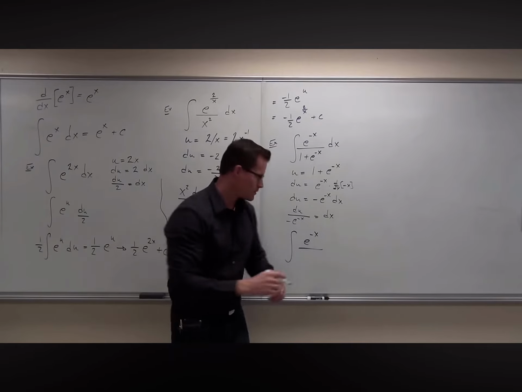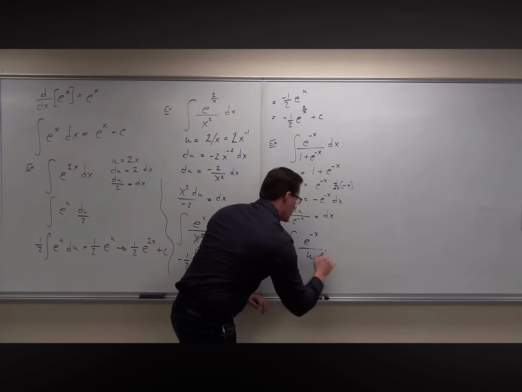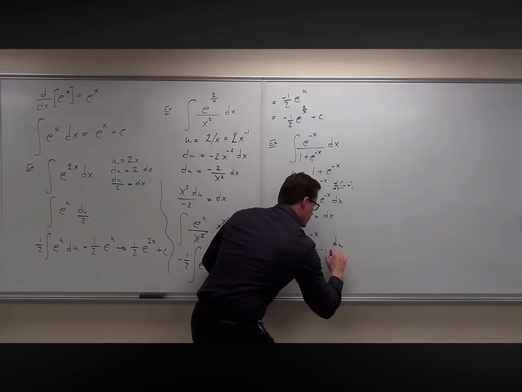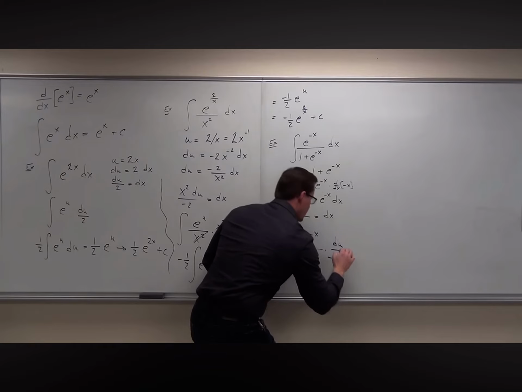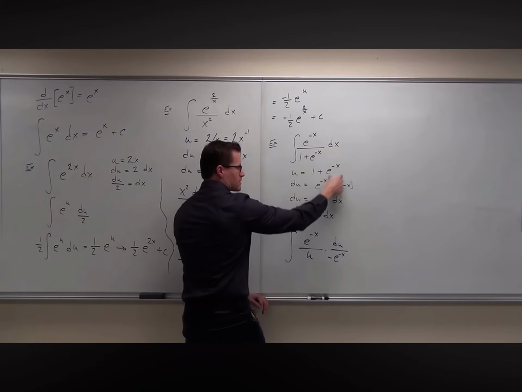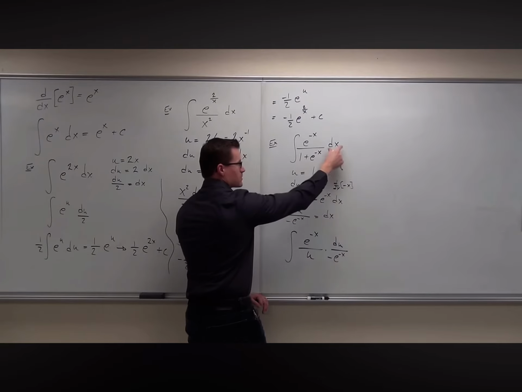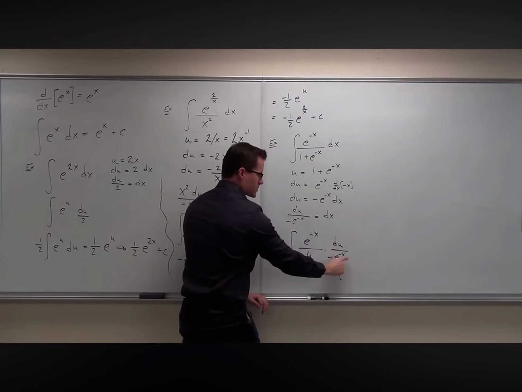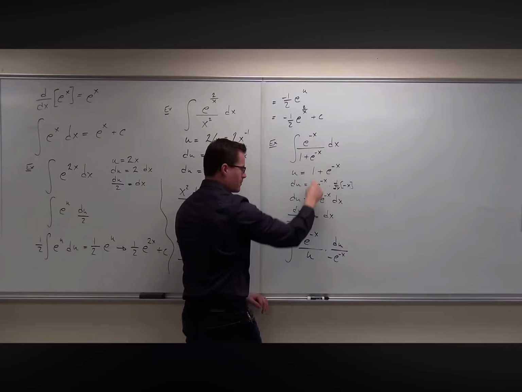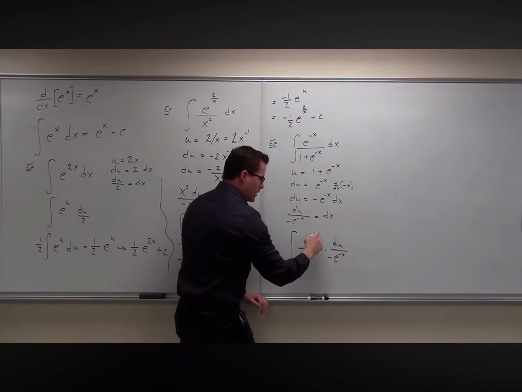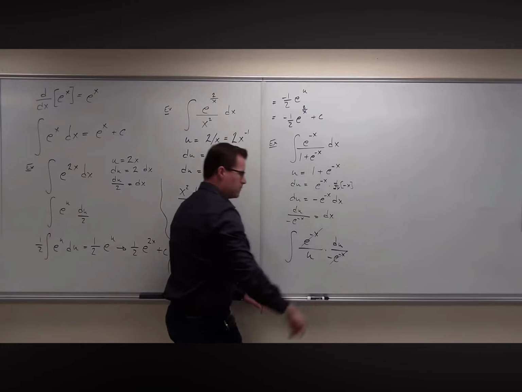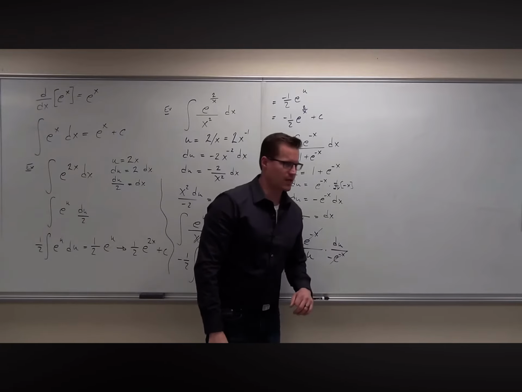U. And here I'm going to have du over negative e to the negative x. Instead of dx, I'm doing my substitution. This stays, this becomes a u, and now we get to cross those out. We can simplify. E to the negative x is gone.